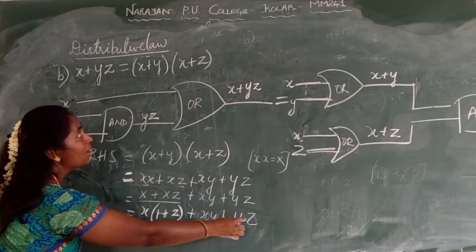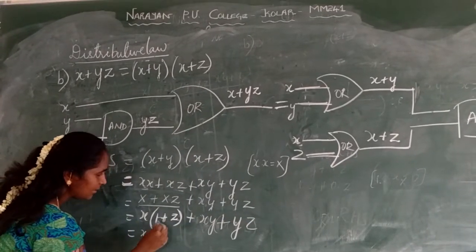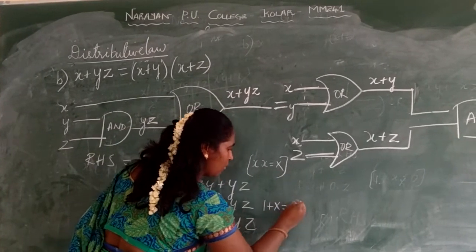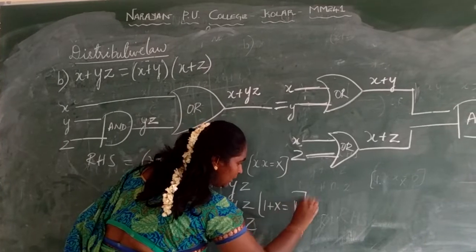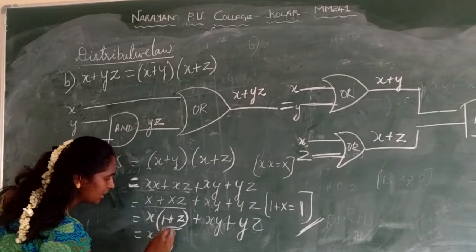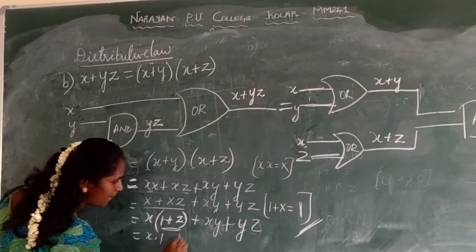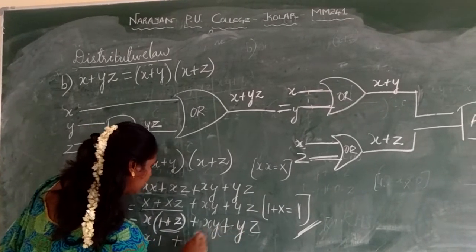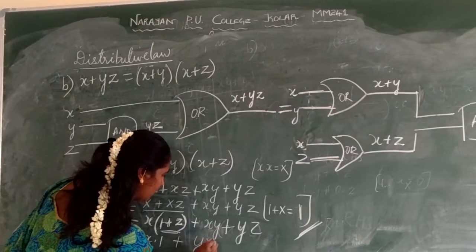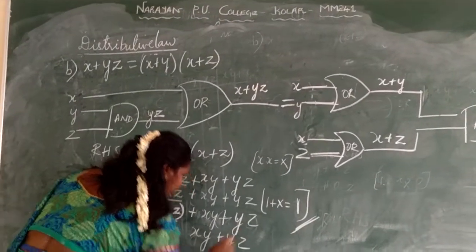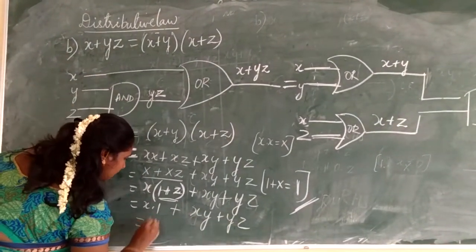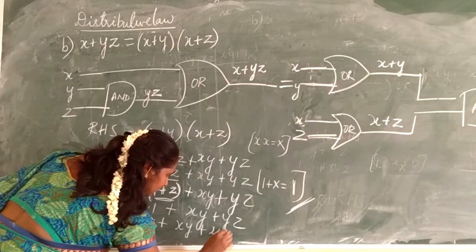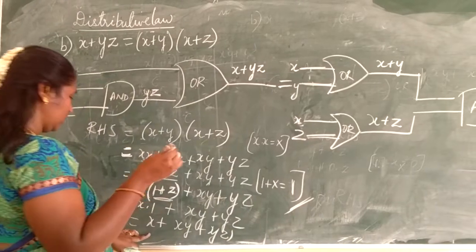Here, this particular rule, 1 plus x is equal to 1, is your properties of 0 and 1. So I am considering 1 plus z as 1. Now we have x plus xy plus yz.